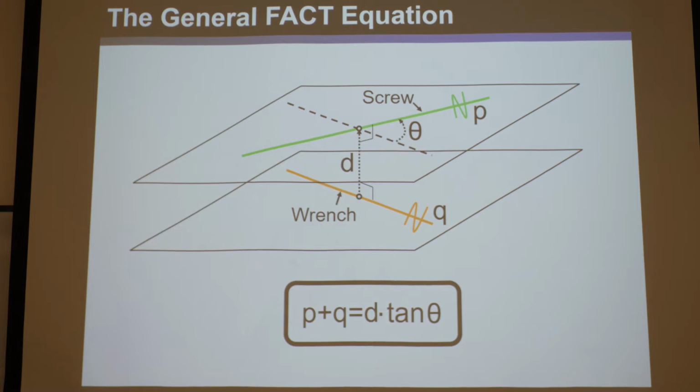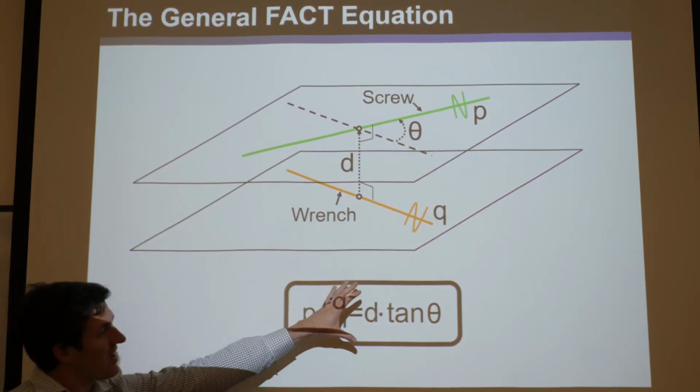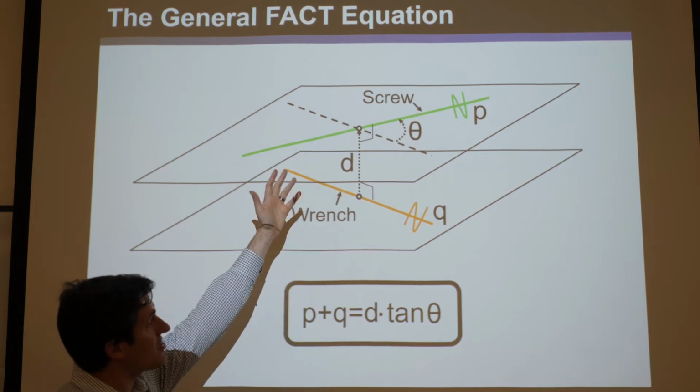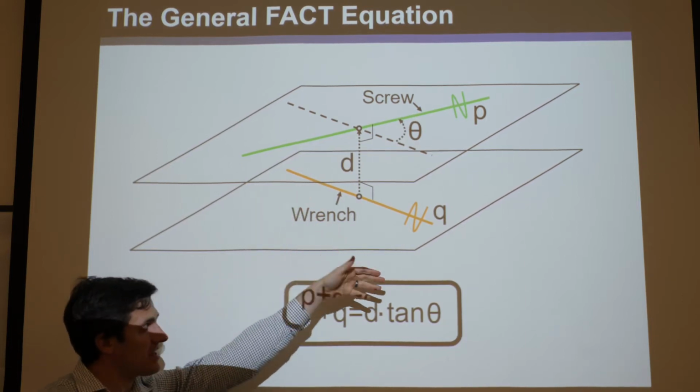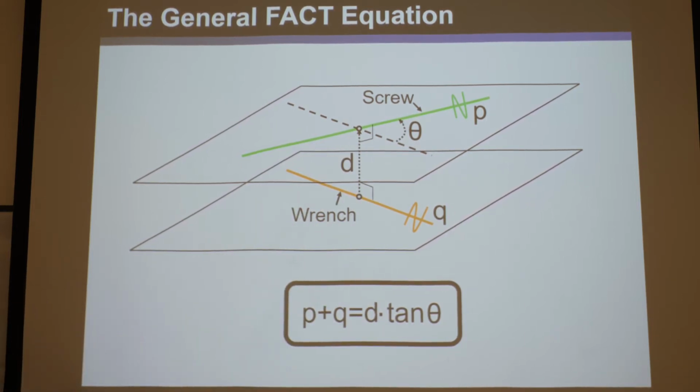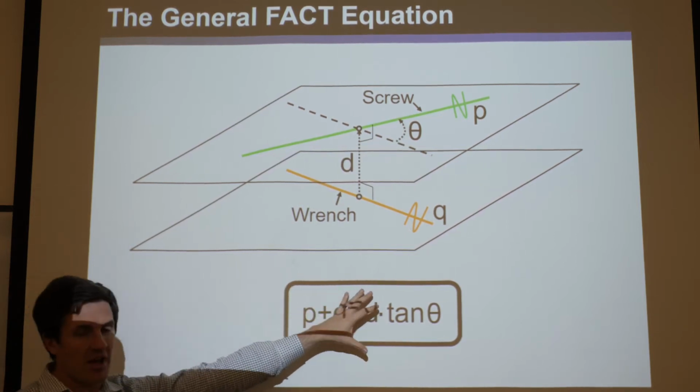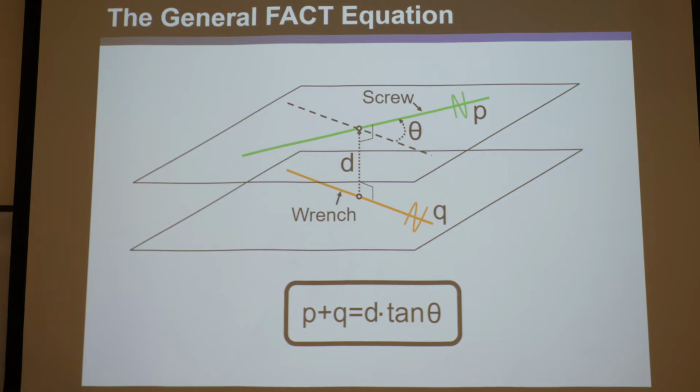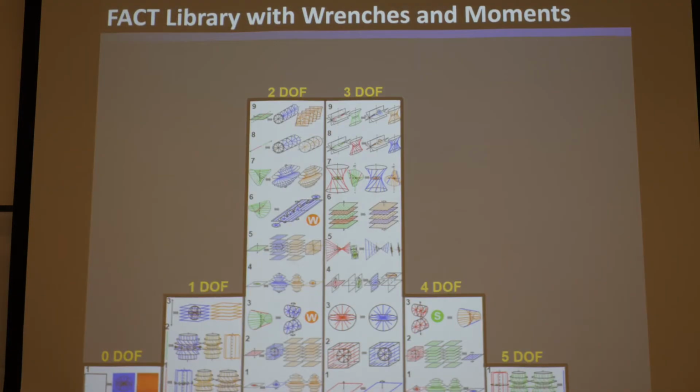But if you allow Q to be non-zero, and you take this as the grand governing equation that tells the relationship between twists and wrenches, right? And this is like the highest, most general form of the rule of complementary patterns that tells the relationship what these things have to satisfy for any Q and any P. Then what you find is the chart fills out a little bit more.